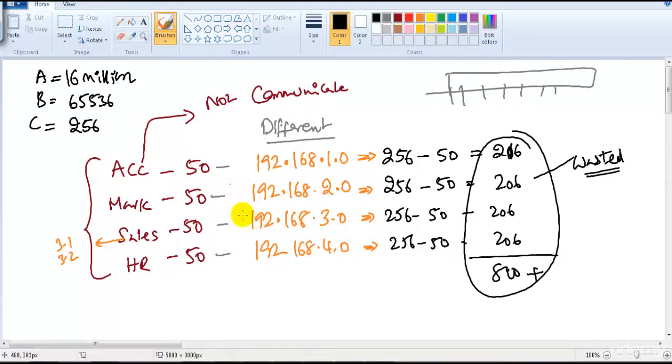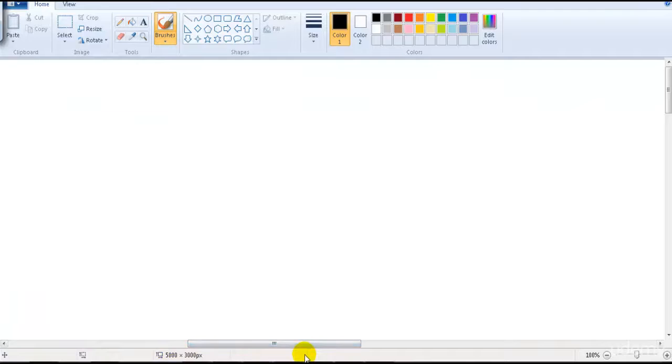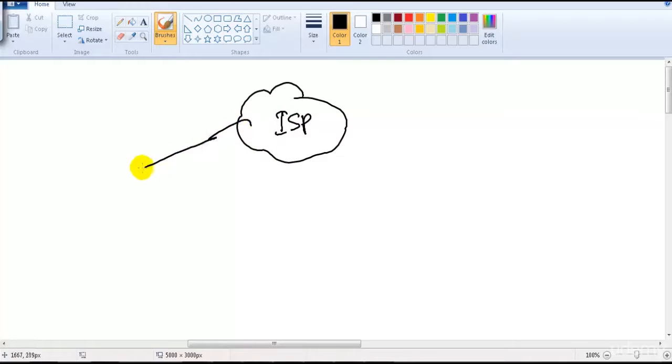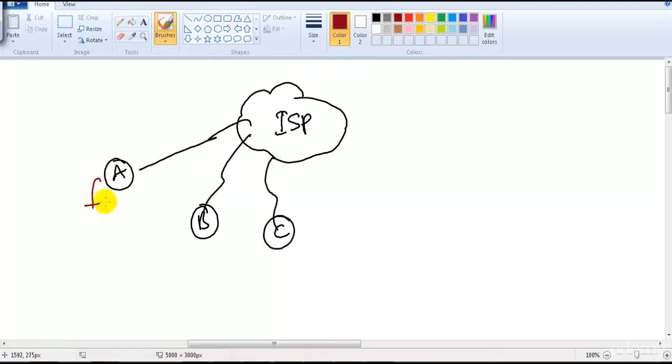So what is the solution? Subnetting is the solution. But before that, let me go through one more example. Let's say you're working for an ISP, and the ISP is going to allocate public IP addresses to different customers. So I have customer A, customer B, customer C. Customer A requires some 10 public IP addresses.